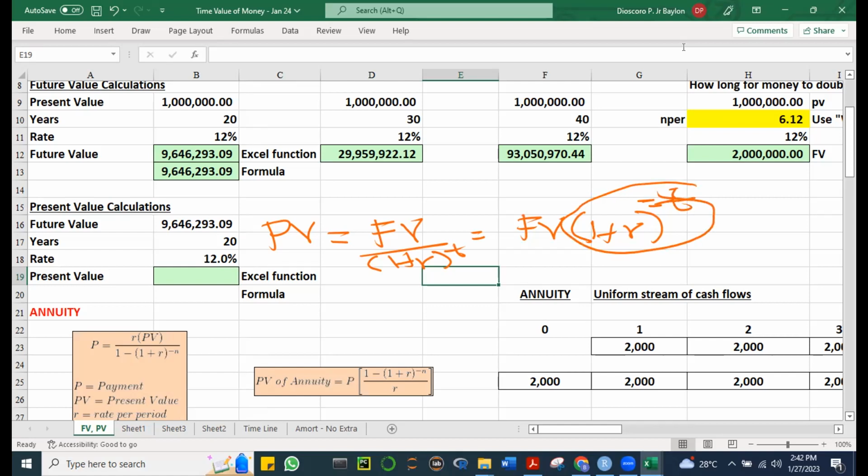So the process of getting the present value is called discounting, while the process of getting the future value is called compounding.